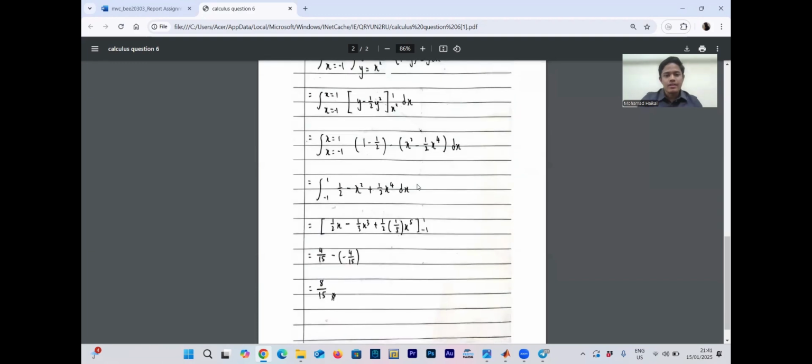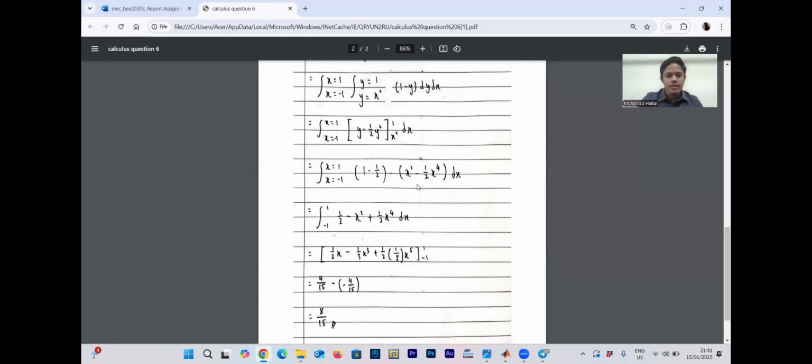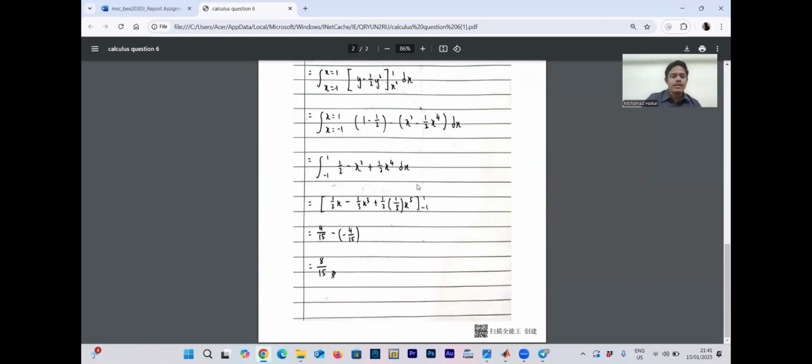Then with respect to dy, we get the bracket of x minus 1 over 2 x to the power of 2, minus 1 over 2 x to the power of 4, with dx. The last integration is with respect to x, and we get the answer 8 over 15.